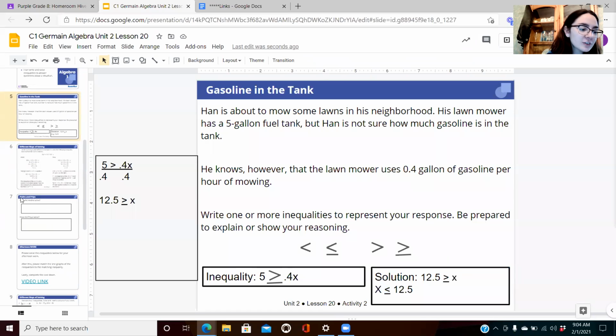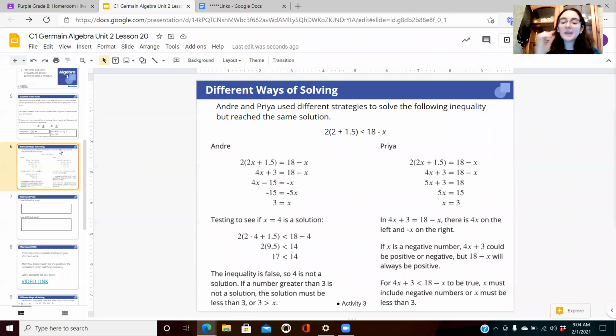So here's the dealio. We're going to take a look at Andre and Priya. There's a lot of words here, so we are going to take this one step at a time. They used different strategies to solve the following inequality, but reached the same solution.